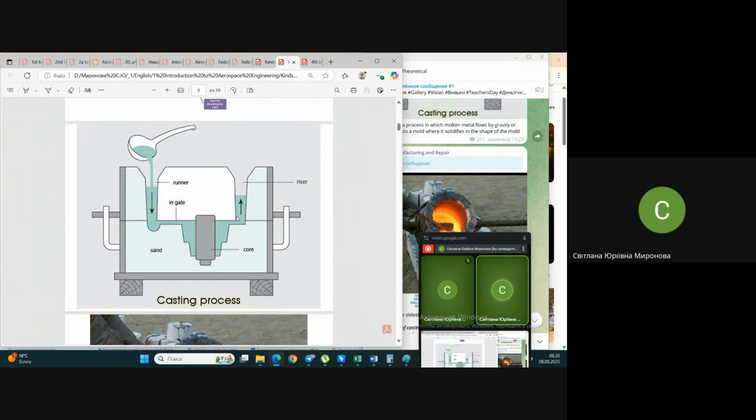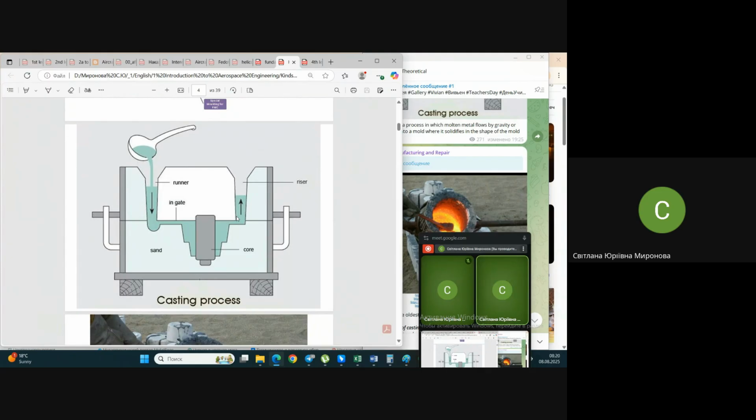And for pouring the shape quickly and equally in all the places, it's necessary to think about how it's filled.